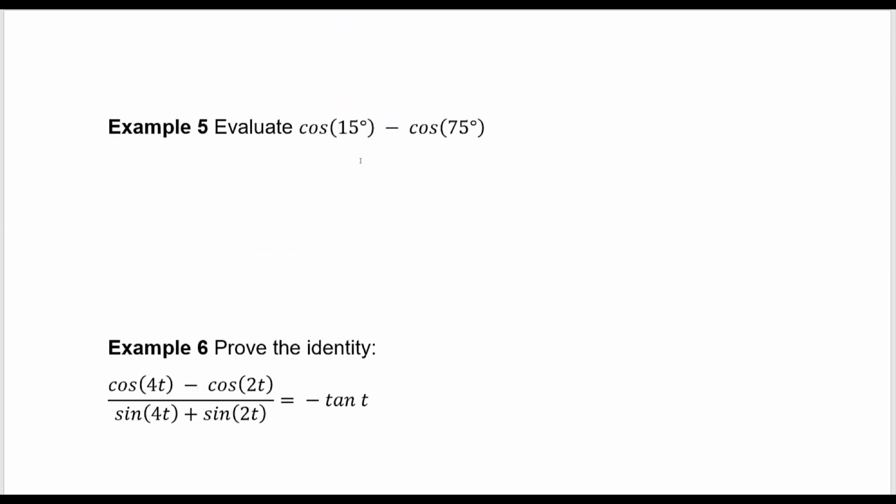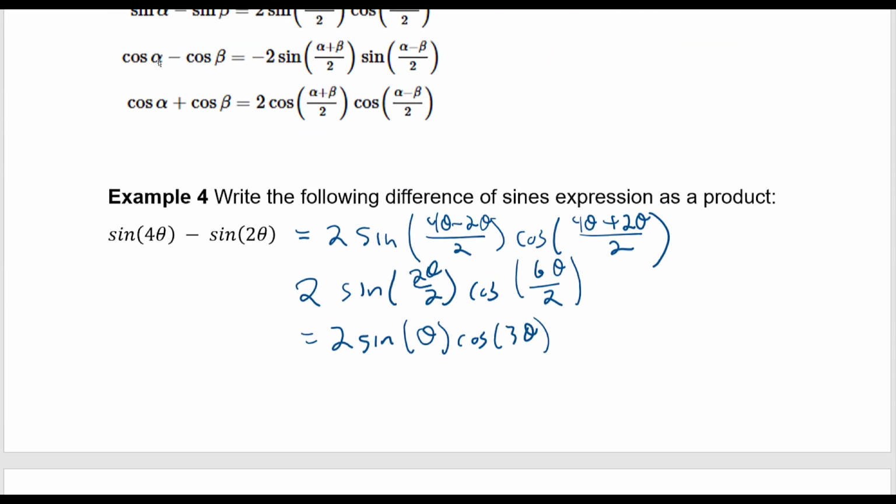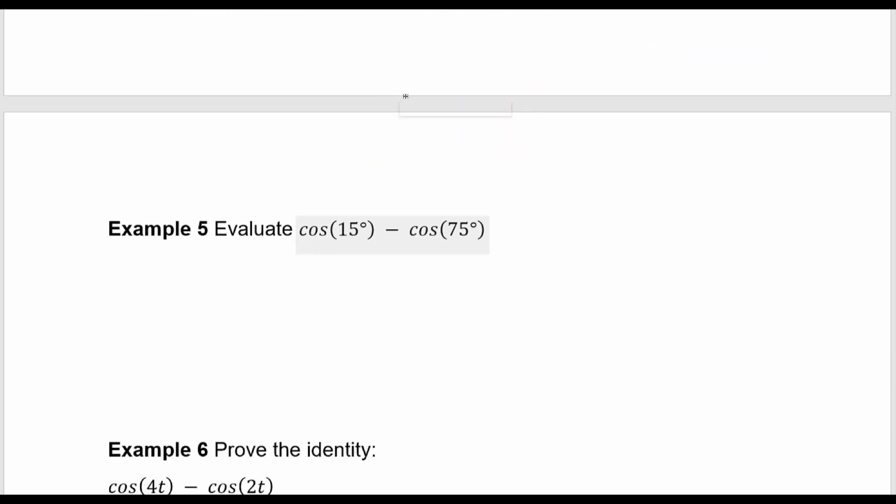For the next one, we have a cosine minus cosine. So that's going to be the third one, cosine minus cosine. That's negative 2 sine of their sum over 2 times sine of the difference over 2. So this is going to be negative 2 sine of their sum, 15 degrees plus 75 degrees over 2, times sine of their difference, 15 minus 75, both degrees, over 2.